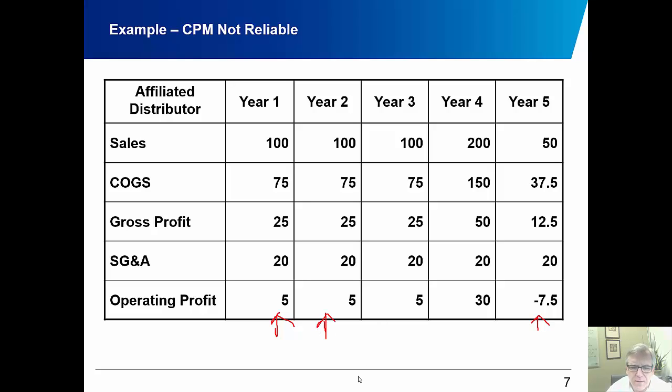So then we're going to have a total profit over those 3 years of, well, we've got 10 to the positive here, but a loss here, so we've got a total of 2.5. And we're going to have sales of 100 in year 1, well, now year 6, and 100 in year 7. But back in year 5, we have 50, so we've got 250.